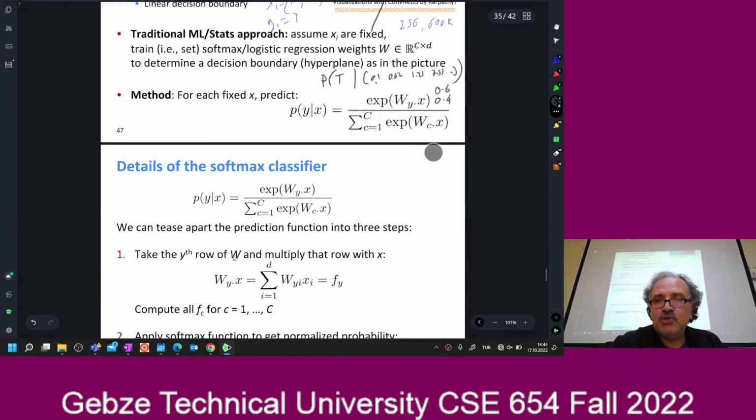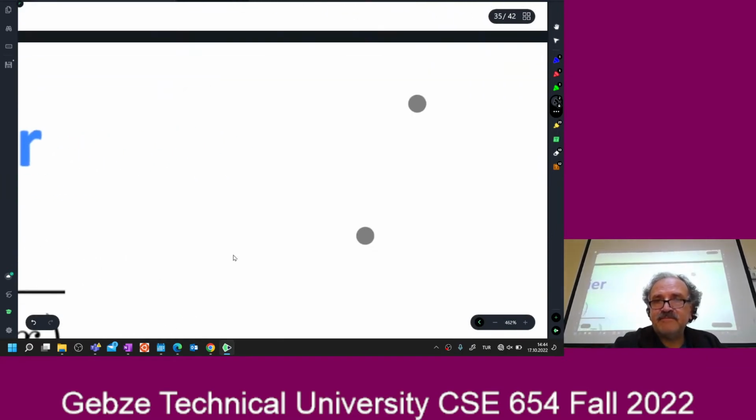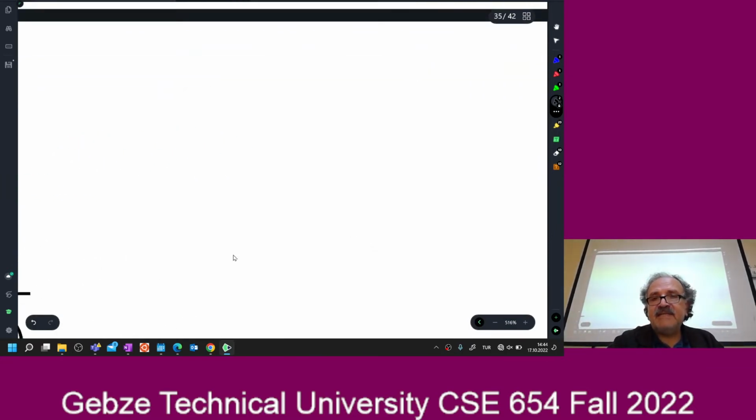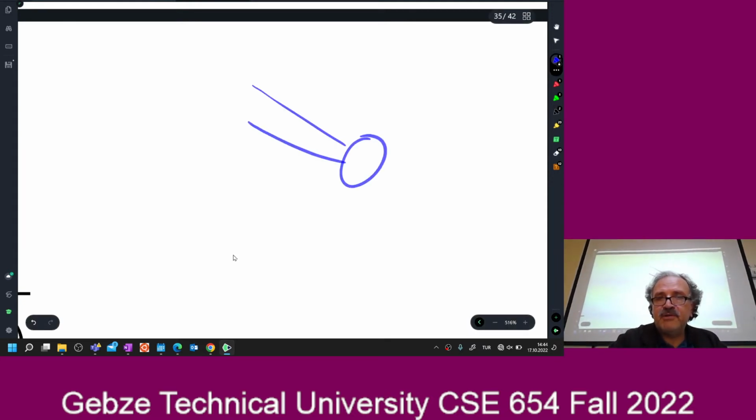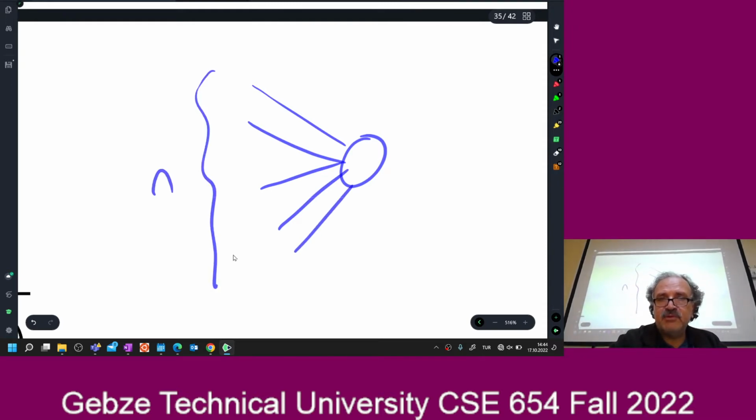Some people show this as a perceptron, and these are my inputs. There are n inputs, and this will be my result.